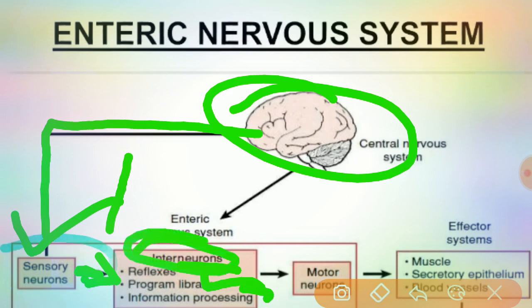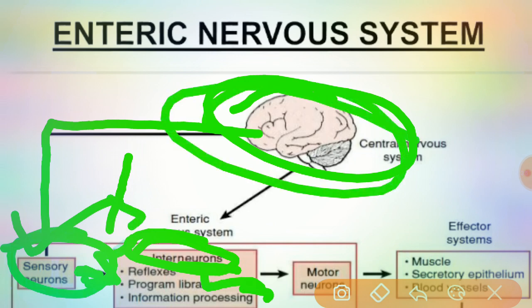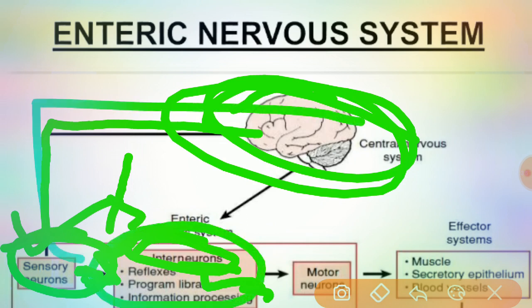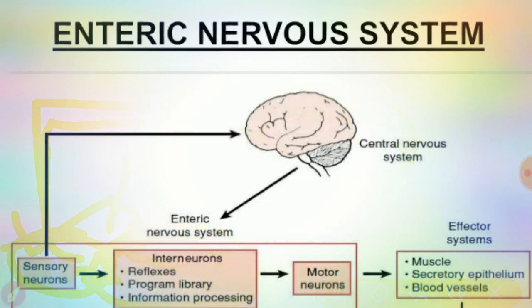The sensory neurons produce the reflexes, program library and information processing, which are run by the central nervous system. These reflexes, program library and information processing lead towards the brain, so these interneurons and sensory neurons are run by the nervous system.